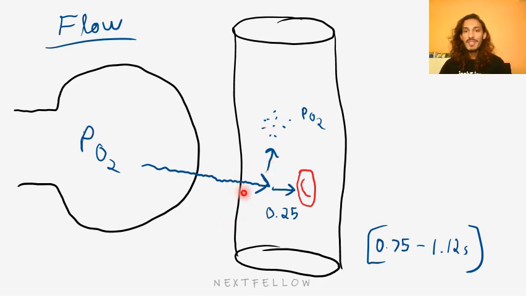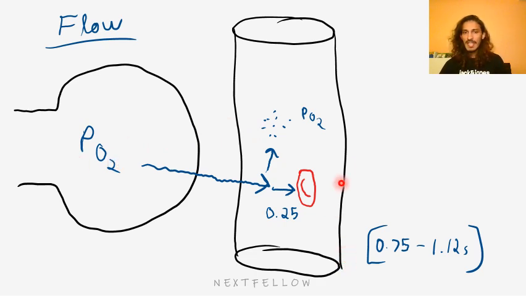At some point, the partial pressure of oxygen here gets equilibrated with this, because there's a lot of time, 0.25 for this process to take place. Then this goes over here, and with more time, that will increase your PO2, so that finally when there's no diffusion gradient, it stops. Okay, so this is the whole concept.